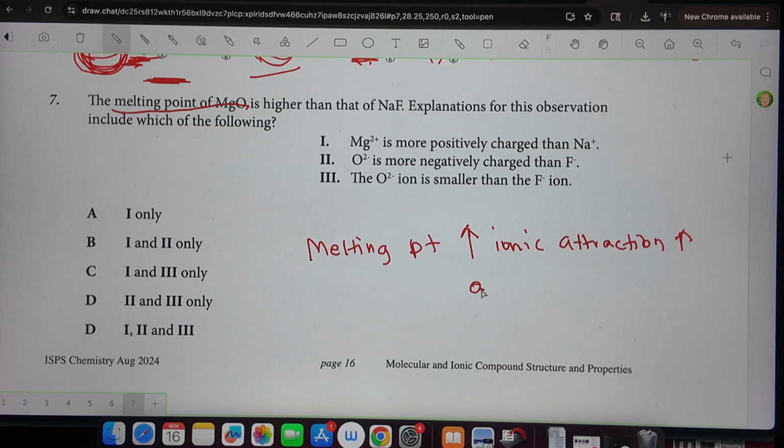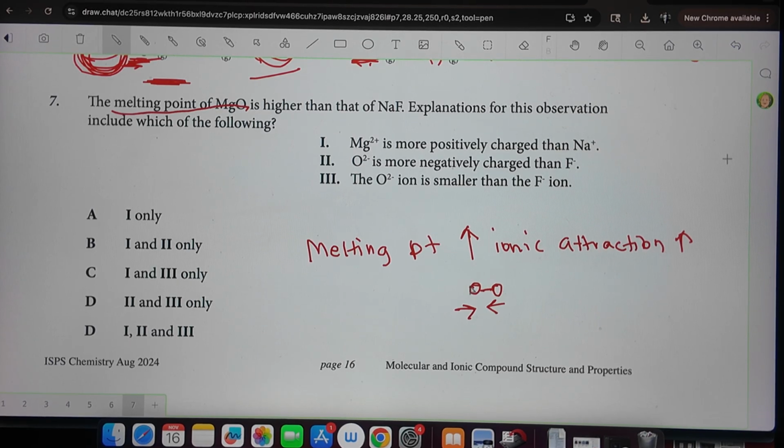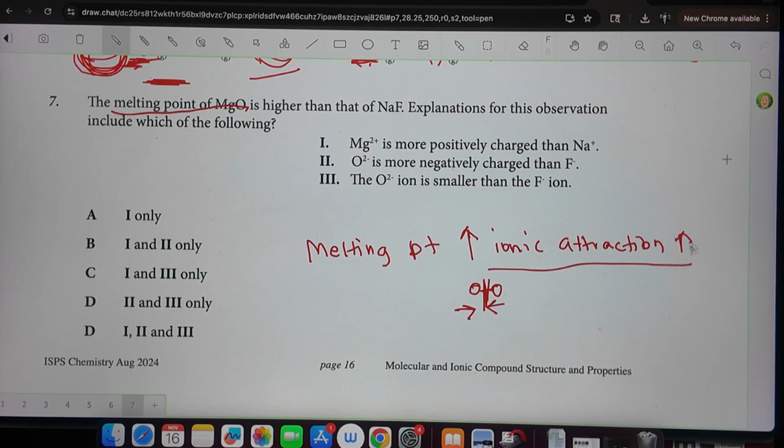If two ions have a very strong attraction, melting requires the disruption of this bond. As the ionic attraction gets higher and higher, it's harder and harder, and you need more energy to break up and melt this.